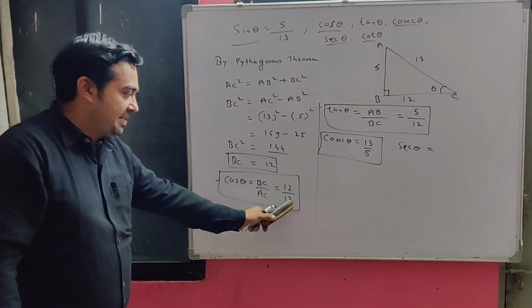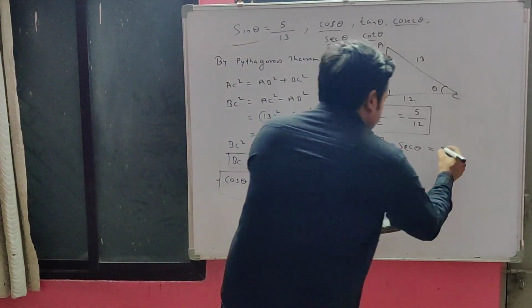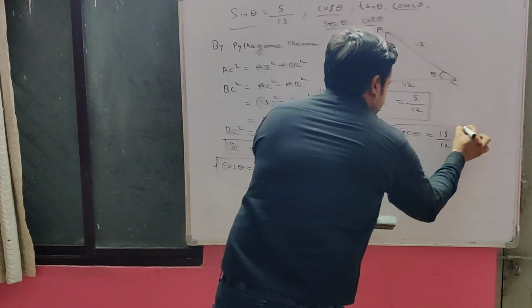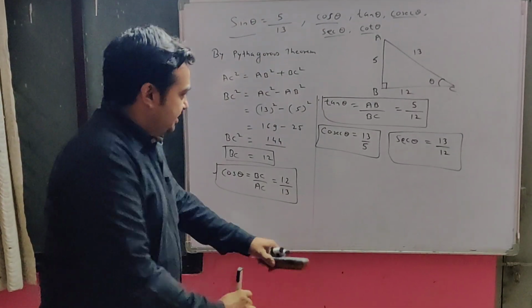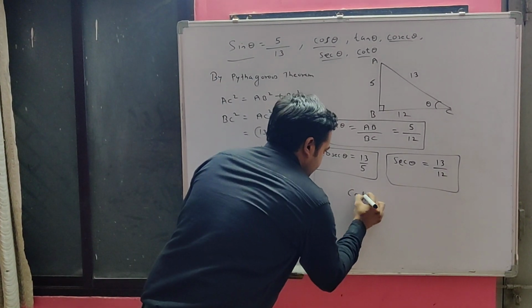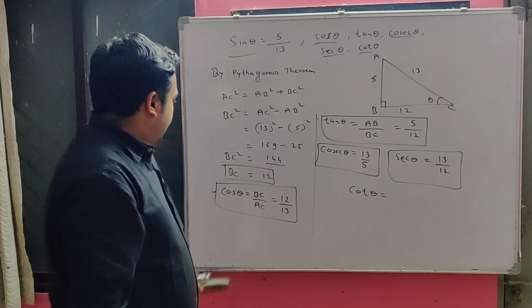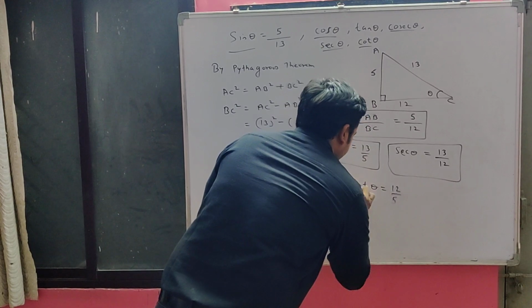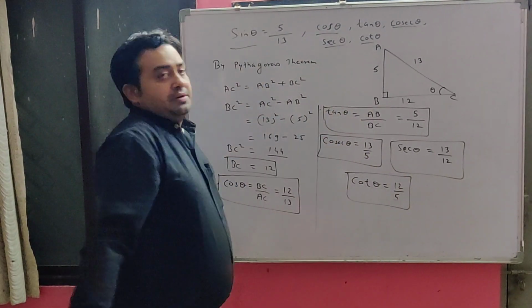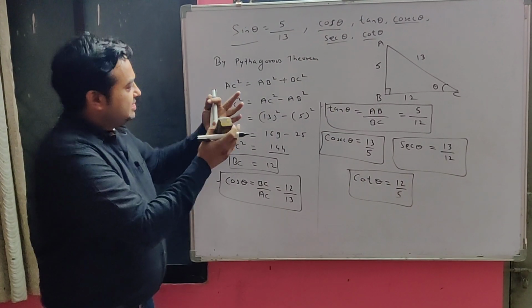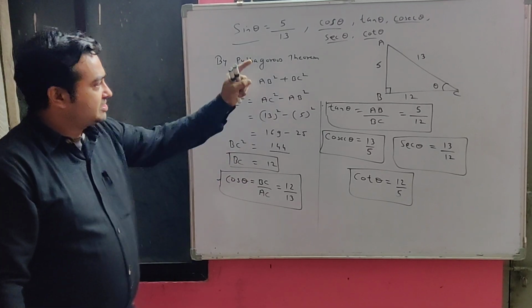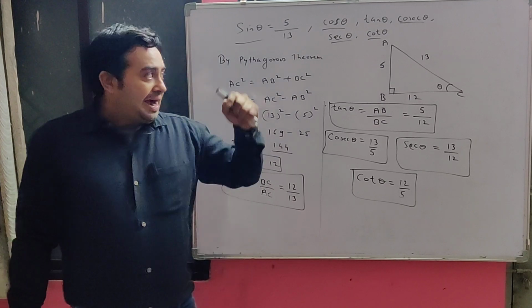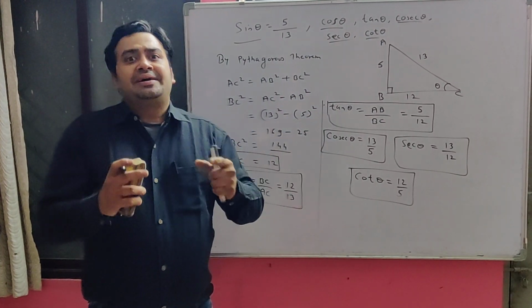Cos theta is 12 by 13, so after the reciprocal it will be 13 by 12. The last one is cot theta, the reciprocal of tan theta, which will be 12 by 5. By this we can easily solve all such examples by using this triangle method. The other one, trigonometric identities, we will look at in the next class.